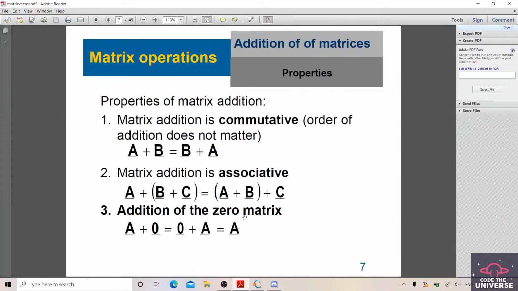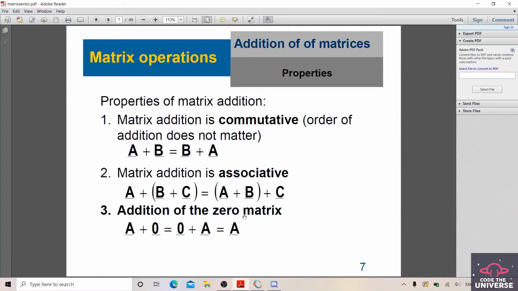Addition of matrices has properties, just as you would have studied basic properties for numbers. You need not necessarily know all this for MATLAB and Octave, but it is helpful for generic linear algebra. The commutative property, of course, is just that A plus B is equal to B plus A during addition of matrices.